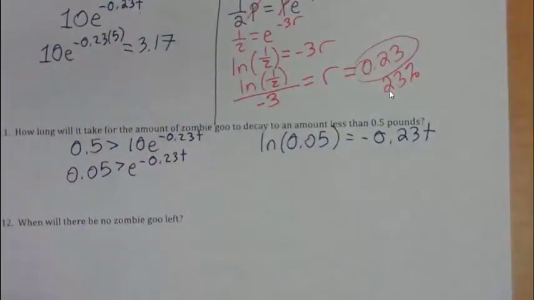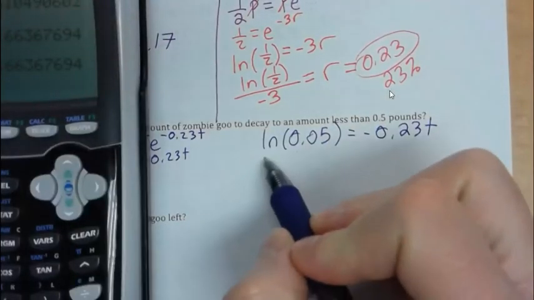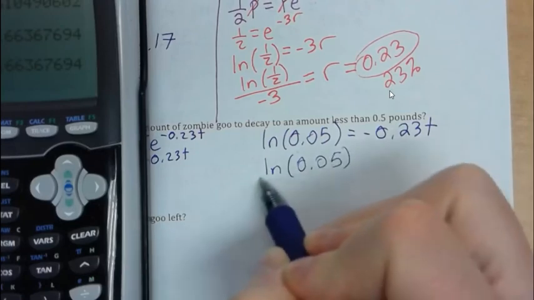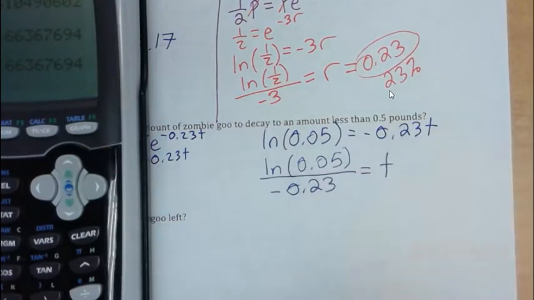So now I'm going to grab my calculator, and I need to divide first. So natural log of 0.05, and that is going to be divided by negative 0.23 for our t value.